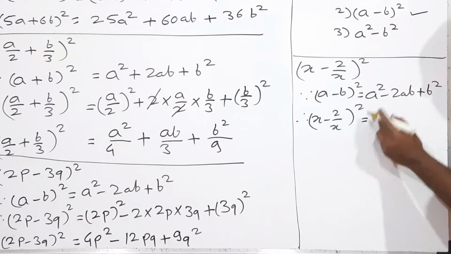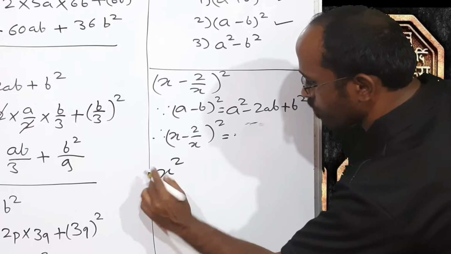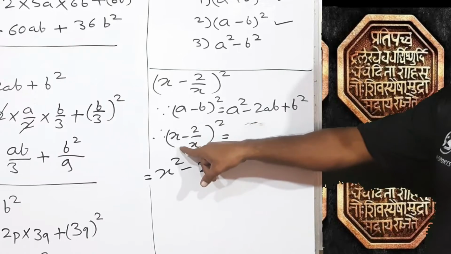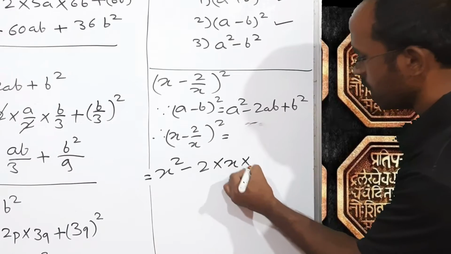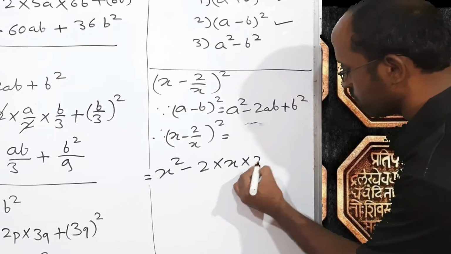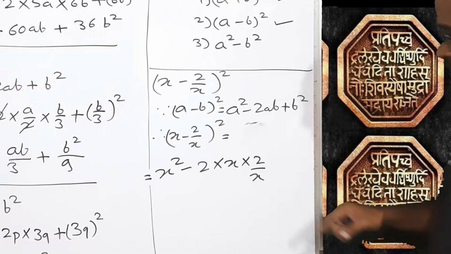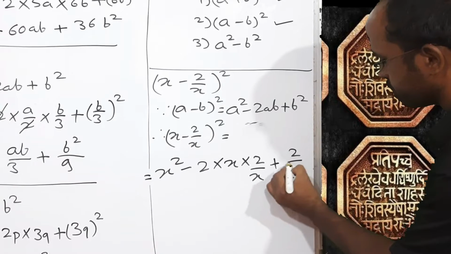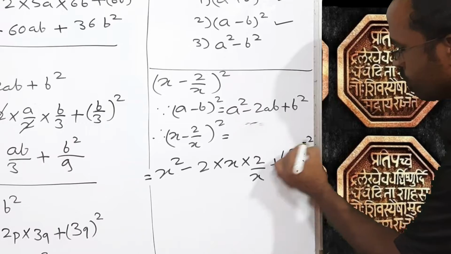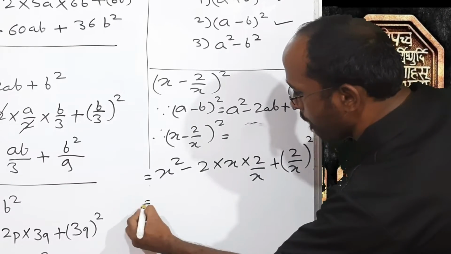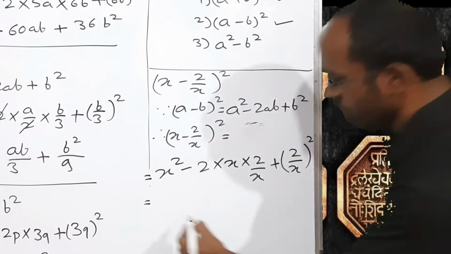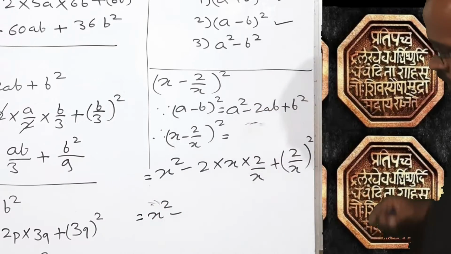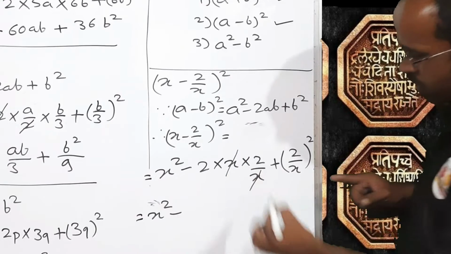So let's use it. A square means square of x, minus 2 into a means x, multiplied by b means 2 upon x. Clear, students? Plus b square means square of 2 upon x, which is equal to x square, only one term, so let's write it as it is, minus, this x from the numerator and x from the denominator will cut.